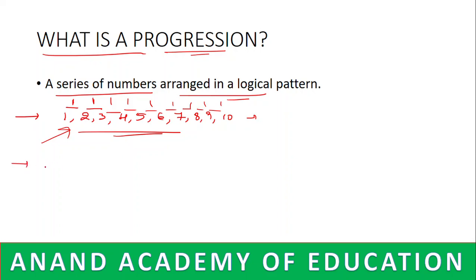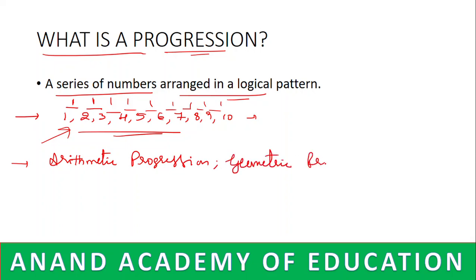And we have basically 3 types of progressions which we will be dealing with in this particular chapter, sequence and series also: arithmetic progression, geometric progression, and third, harmonic progression.